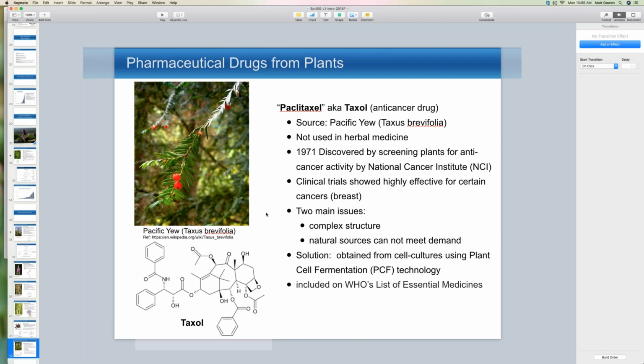I don't like it when it gets introduced into nature. That kind of scares me. But here's an example. The take home here is Taxol or paclitaxel exists in nature, was never used in traditional medicine, and it's obtained through what's called plant cell fermentation. Okay.